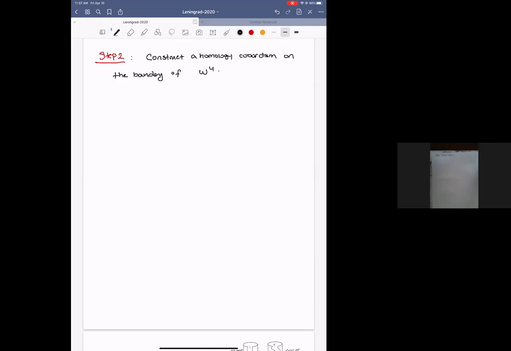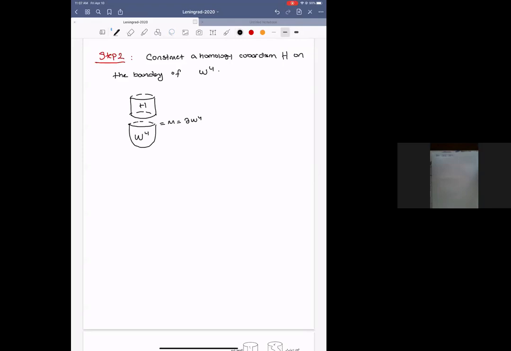That is something I'm saying here. So if this is your W4, I'm interested in constructing a homology cobordism. If this is your M, which is the boundary of W4, this is your homology cobordism. Let's call it H.